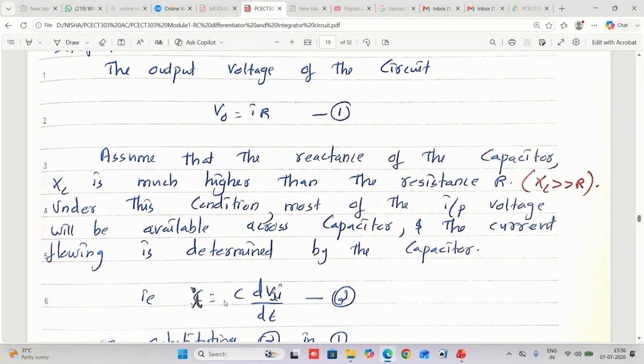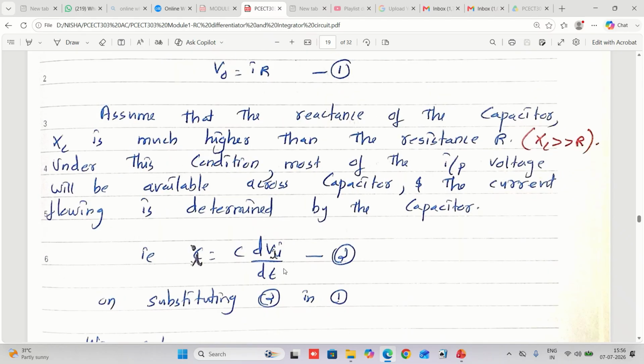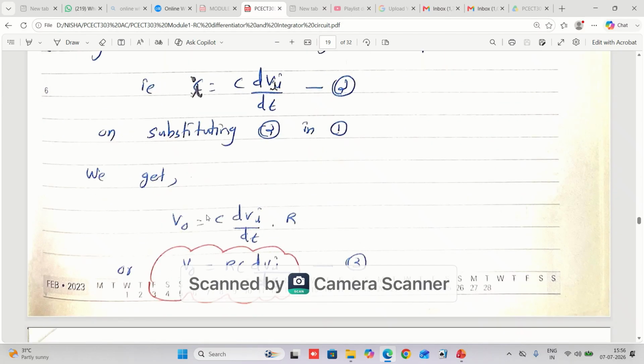So the current I equals C into dVi by dt. Substituting equation 2 in 1, we get the output voltage V0 equals R C dVi by dt. The output becomes the derivative of the input.